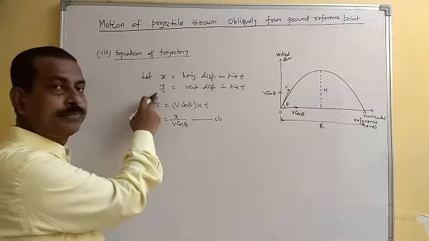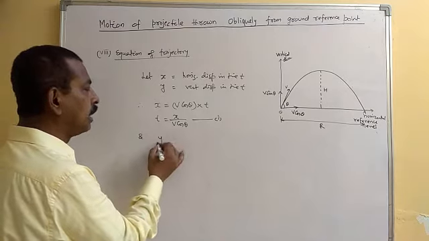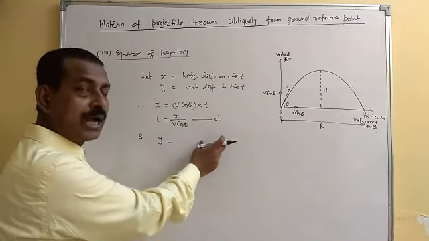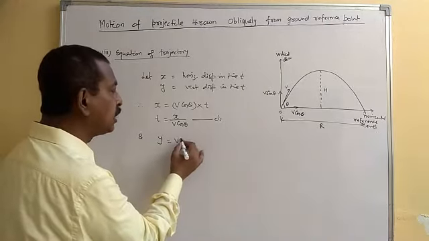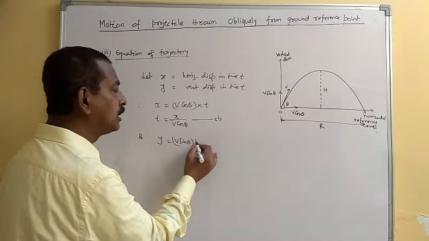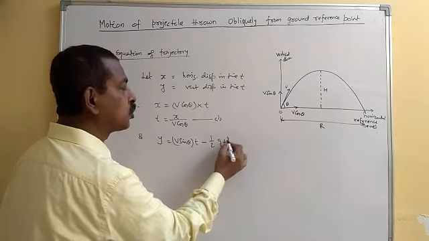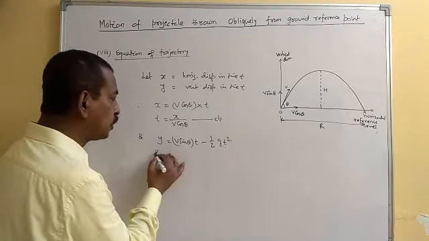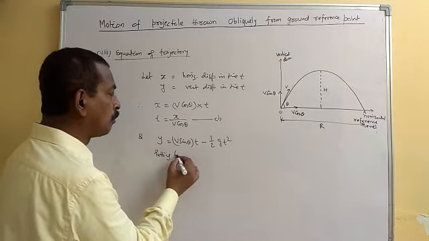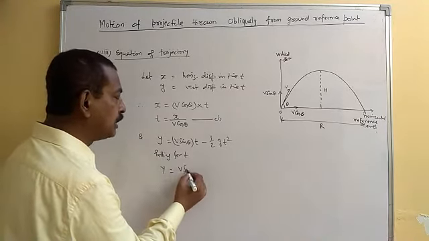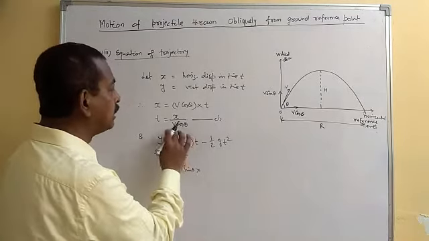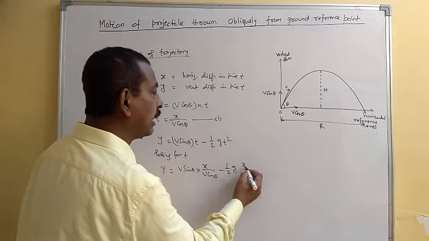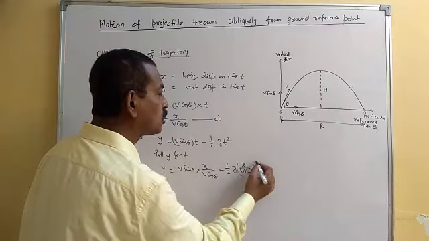Now for y, the vertical displacement, we use the formula ut plus half at square. The initial vertical velocity was v sin theta, so y equals v sin theta t minus half g t square. In this expression, if you substitute for t, y will be v sin theta multiplied by x by v cos theta, minus half g times x by v cos theta whole square.